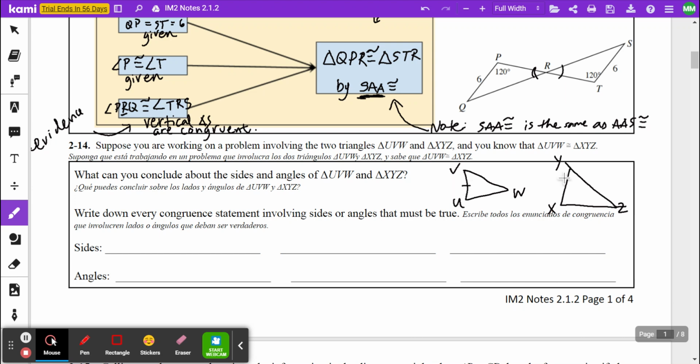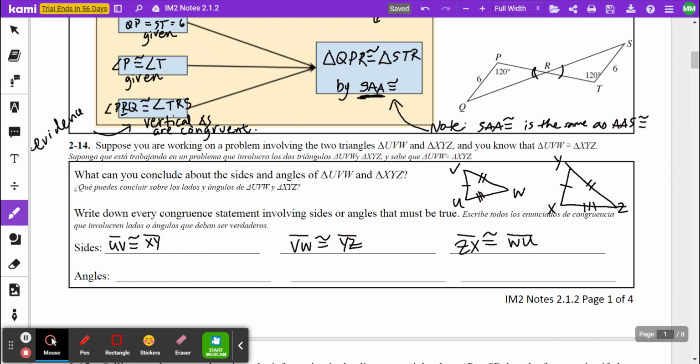UV must be congruent to XY, and VW must be congruent to YZ, and ZX must be congruent to WU.